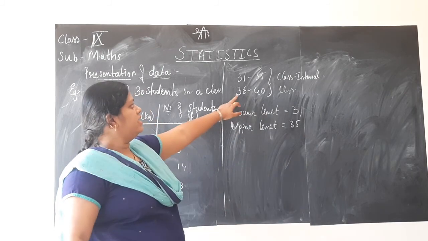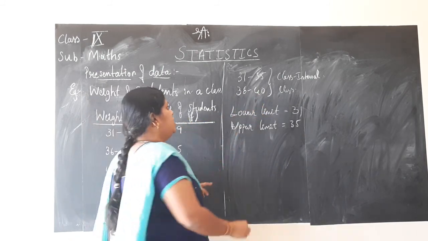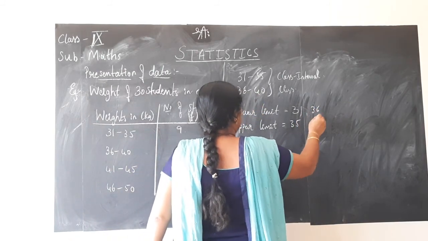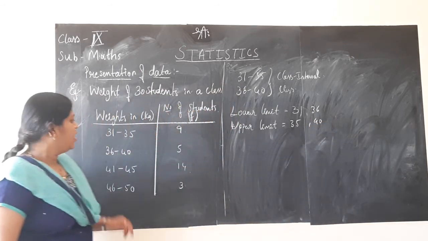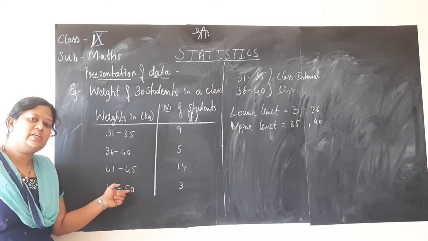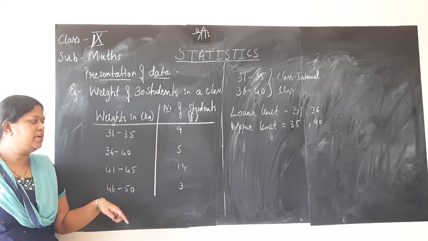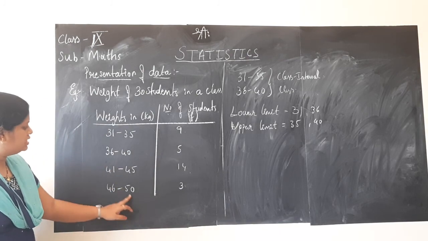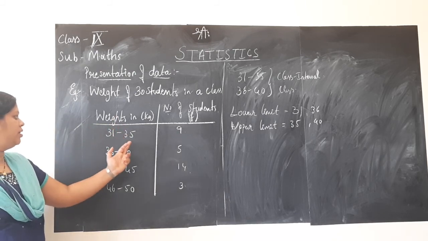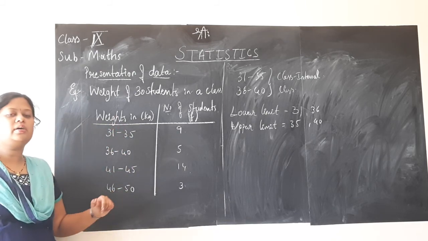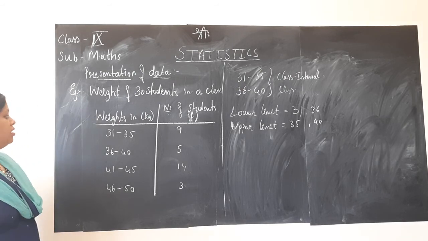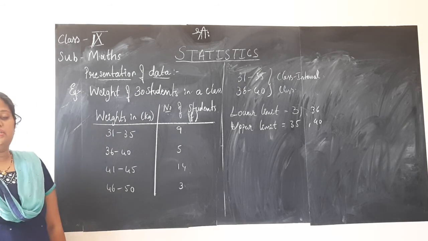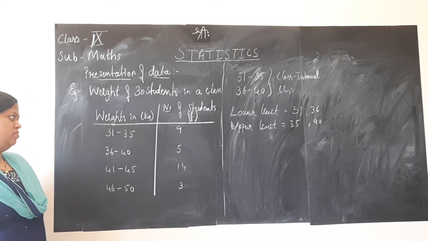Similarly, in the second case, 36 to 40, the lower limit is 36 and the upper limit is 40. So for each class interval, you can say its lower limit as well as upper limit. The number written first is the lower limit, the number written second is the upper limit. Lower limit, upper, lower, upper, like that children. These are called the class intervals.